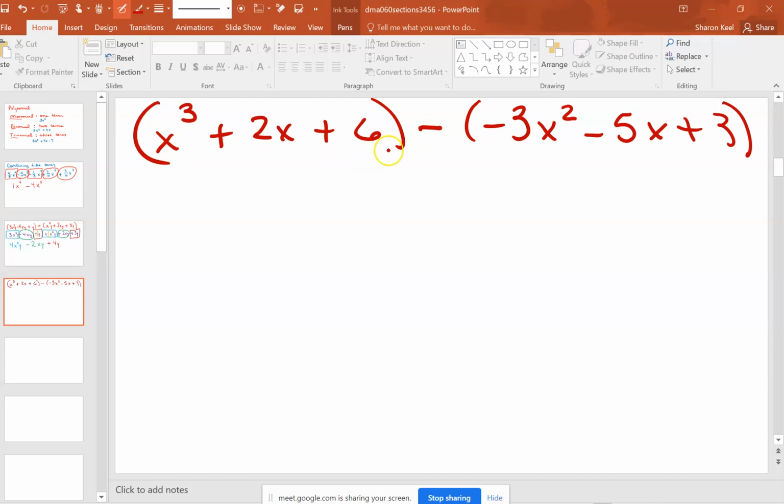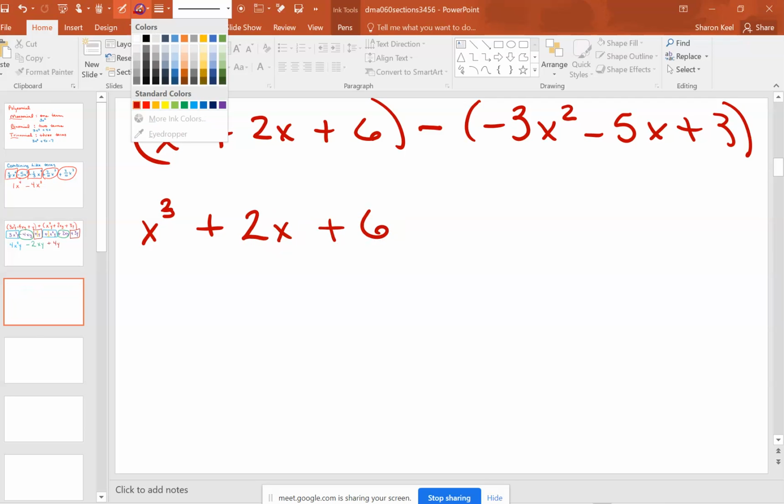For the first term, you're just going to drop the parentheses. So that's x cubed plus, no, excuse me. Oh, that is x cubed, okay. I'll just make sure I didn't miscopy it, plus 2x plus 6. The first one, we just drop the parentheses. However, hang on one second.